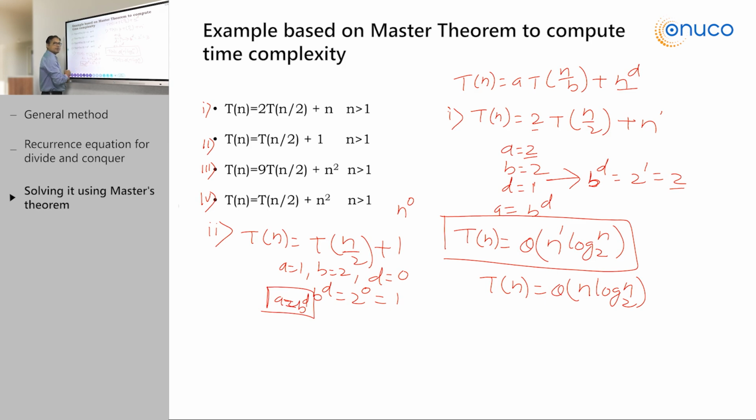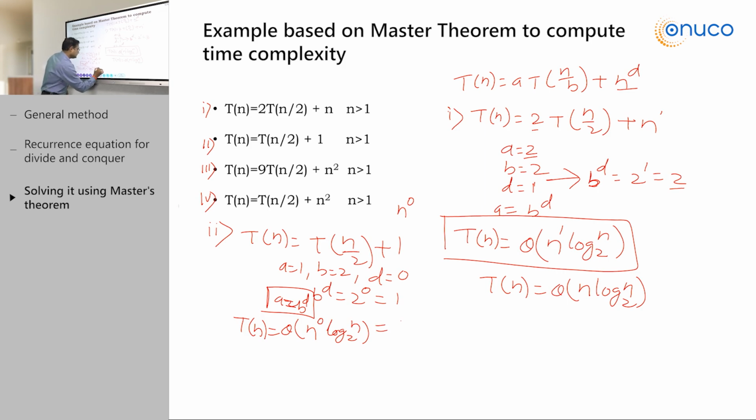A is equal to B power D. If A is equal to B power D, then the time complexity will be T of n is equal to theta of n to the power D, D is 0, log n base 2. Look, D is 0, hence n to the power D, n power 0 log n base 2.